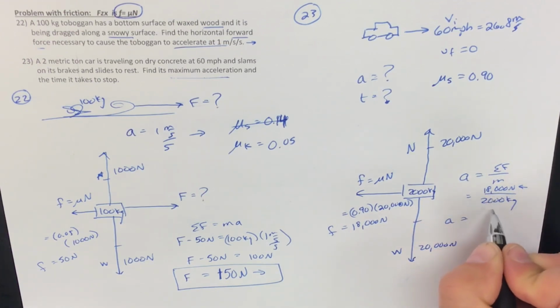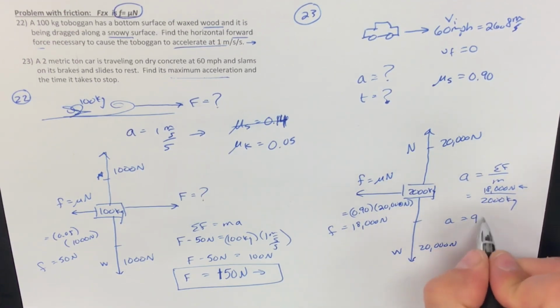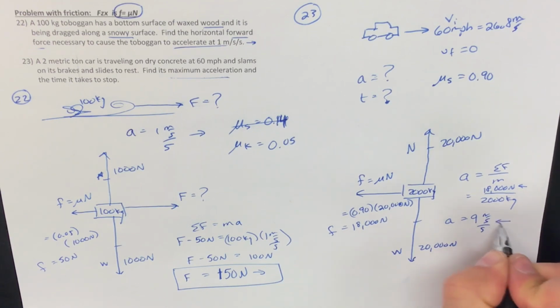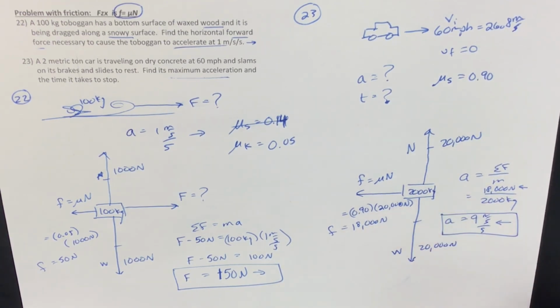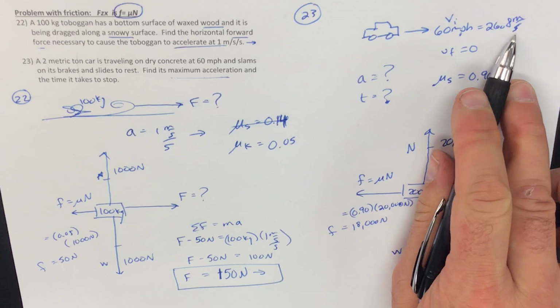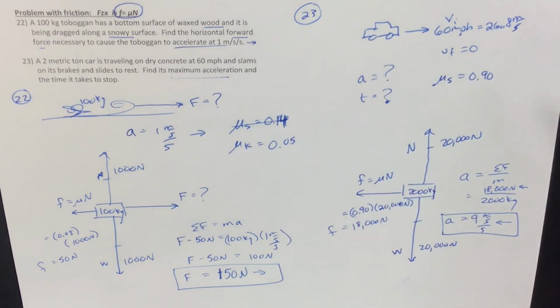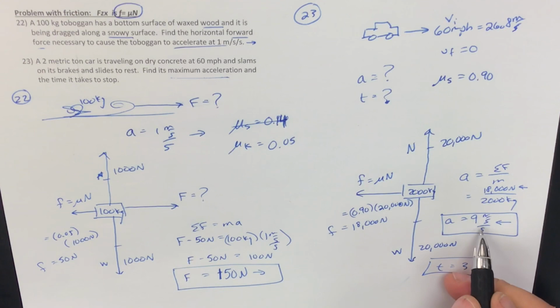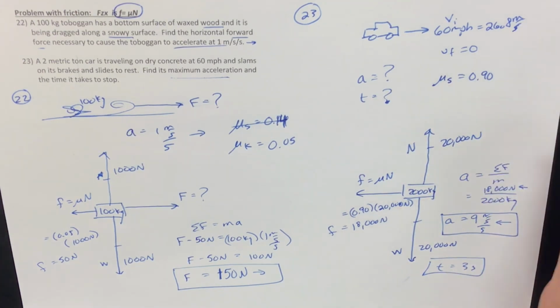Acceleration is 18 over 2, which is 9 meters per second every second, 0.9 g in the backward direction. If it starts at 26.8 meters per second and ends at 0, it's slowing down at 9 every second. It's about 27, so it should take about 3 seconds to stop. 9 times 3 is 27. There we go.